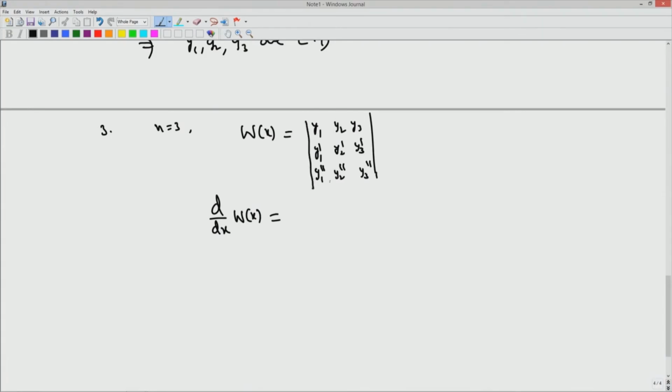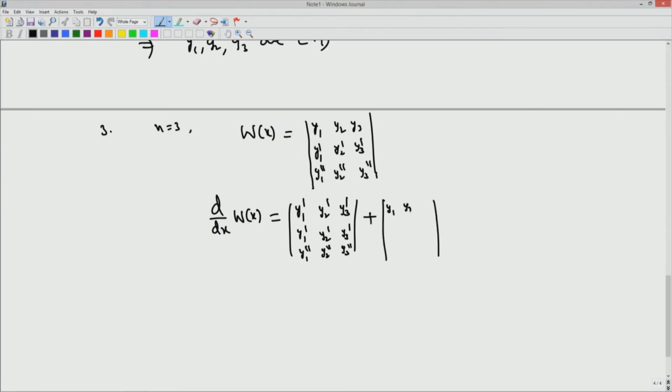Every time you differentiate one row with respect to x and add up; the result is the sum of determinants in which each row is differentiated with respect to x. So if it is a 3 by 3, what I have is y1 dash, y2 dash, y3 dash, and the rest of the 2 rows as they are, that is y1, y2, y3, y1 double dash, y2 double dash, y3 double dash, plus now I differentiate the second row.